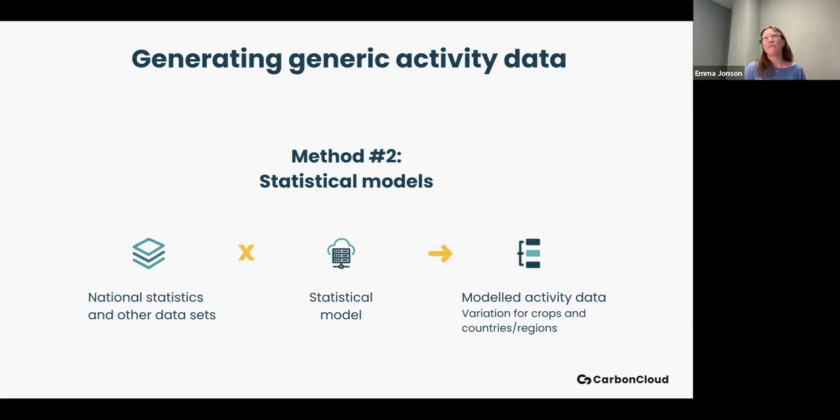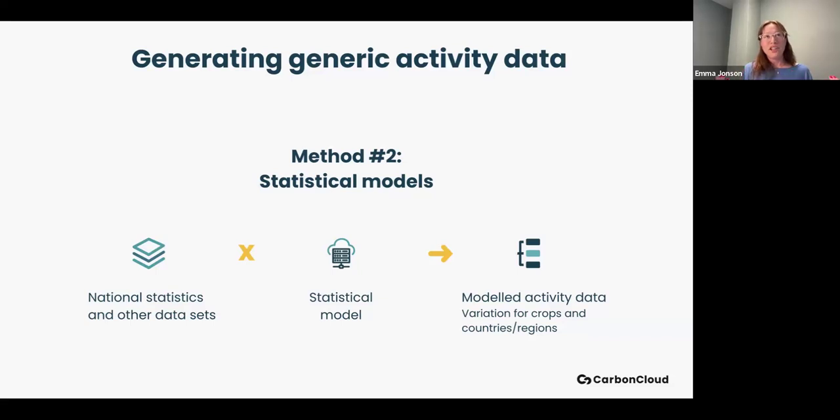You would in general use a data set that could be national statistics or other types of data set that represents the general use of fertilizer, for instance, if we take that example, and then you try to formulate some relation between the statistical data and the production, and then you create a data set of activity data that represents different crops in different countries.